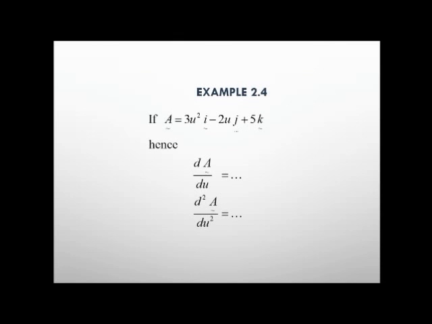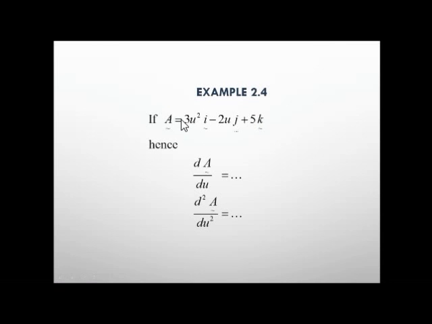So here is an example. Suppose a vector is given as A equals 3u square i cap minus 2u j cap plus 5 k cap. You need to calculate dA by du. First of all, you need to find the derivative of the whole vector with respect to u.